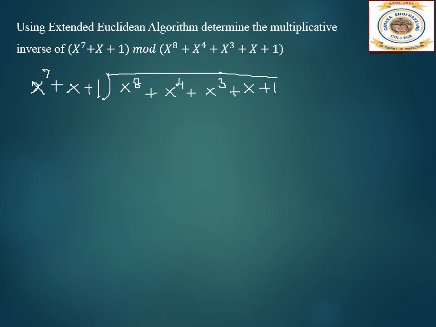I need x to the power 8, so I will write x over here and multiply with x to the power 7 plus x plus 1. I get x to the power 8 plus x square plus x.